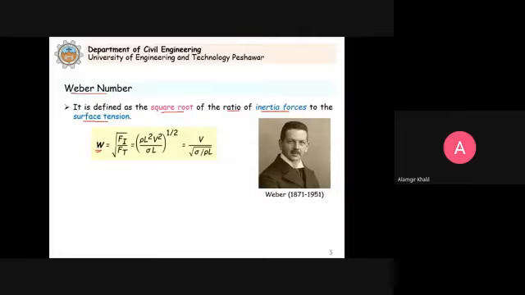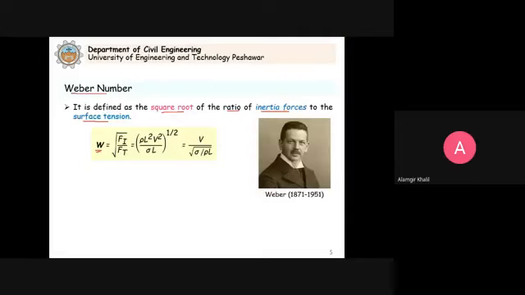Now I said before that studying these numbers does not mean that in every fluid mechanics problem you have to consider all of them at the same time. You have to see which forces are significant in the specific given fluid mechanics phenomenon, and then accordingly, for dynamic similarity, you consider these dimensionless numbers.